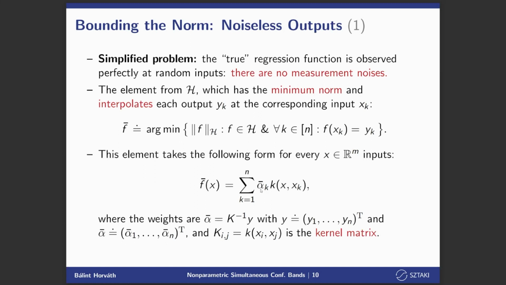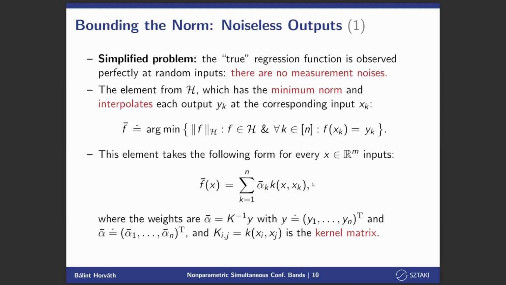This function is given in the following form, as I listed here. It is basically given by some weights and the reproducing kernel, as I listed by the formula in the previous slides. And it takes on this following form. And we will use this function to provide an upper bound for the norm of the unknown regression function.